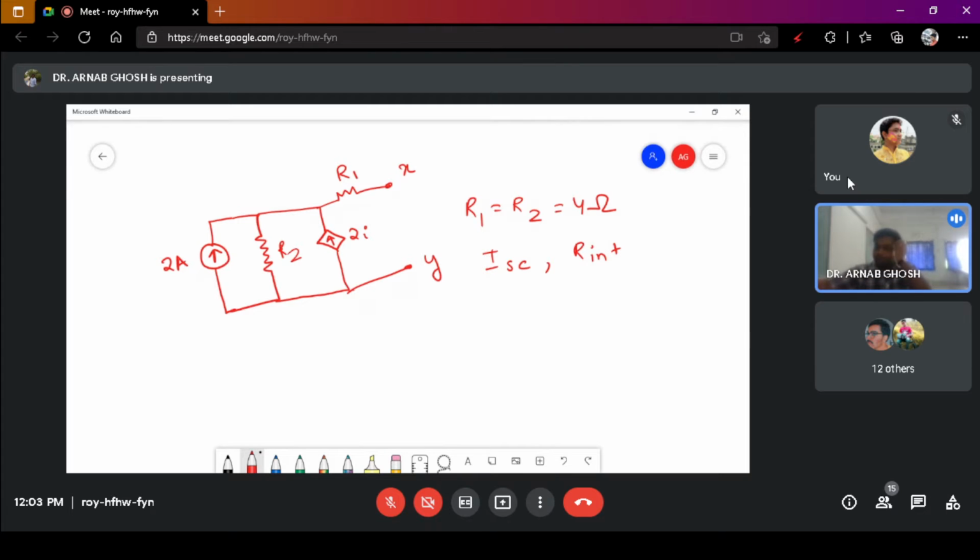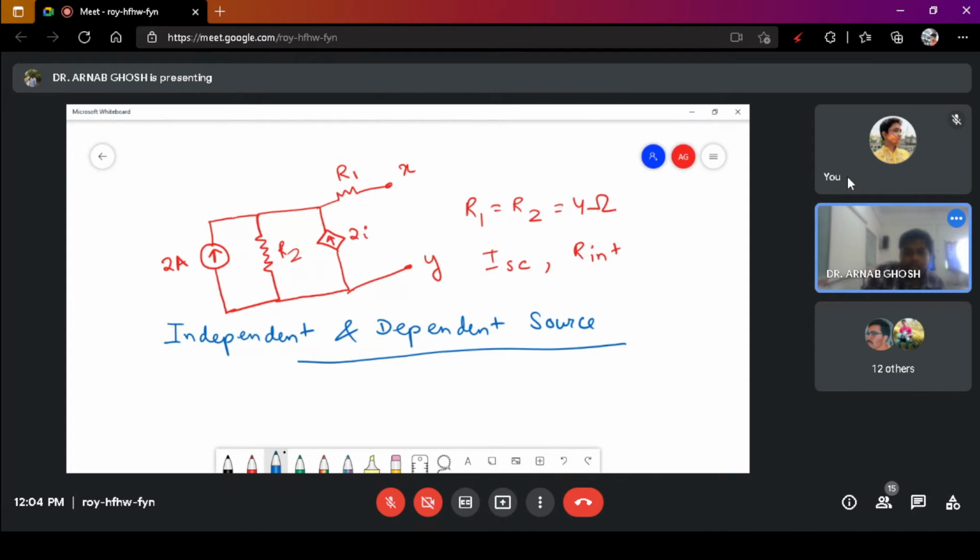So what are the steps? First you have to know the steps, so I will write them down here, for independent and dependent sources.